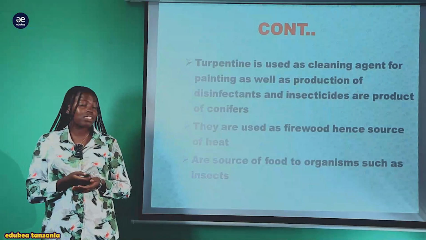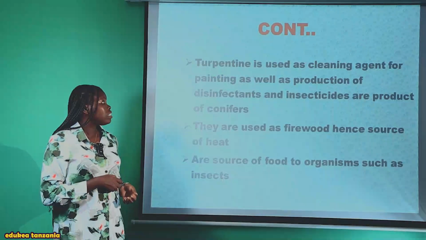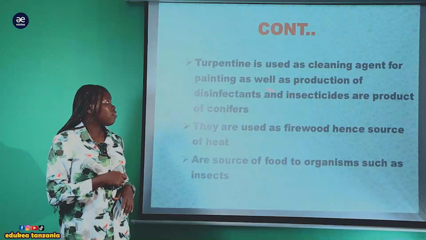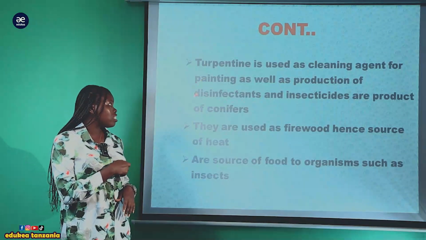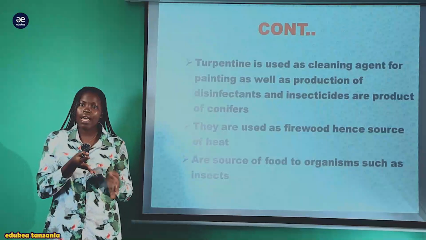Disinfectant hapa ni chemical ambayo tumeweka katika kuondoa a particular unwanted material katika solution. Vile vile insecticide, madawa kwa ajili ya kuua wadudu katika mimea. Zote are one of the importance of the advantages of the coniferous plants.